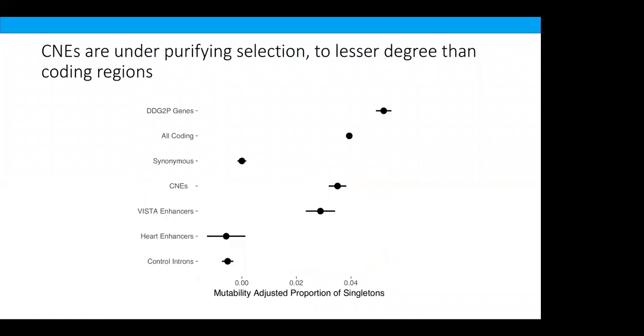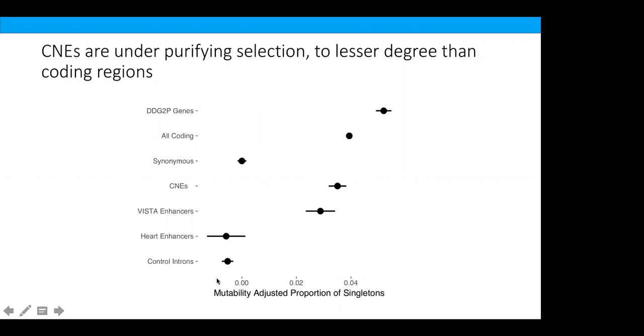So if we run the mutability adjusted proportion of singletons across all of our sets of non-coding elements, I've also included synonymous sites here as our marker of what is no purifying selection. You can see that the heart enhancers are essentially under no purifying selection, as well as a set of control introns we've included.